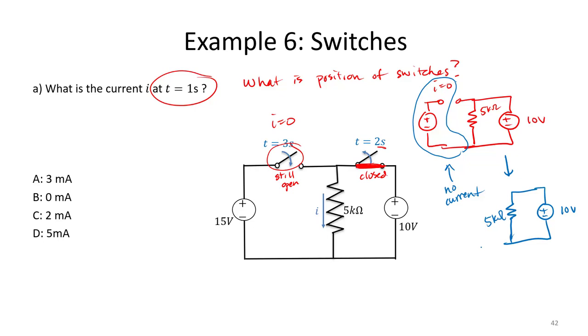And if we use Ohm's law, notice we can determine that voltage is current times resistance. And our resistance, again, watch units, our resistance is 5,000 ohms. So if you solve for current, you'll get a current of 2 milliamps. Notice that drawing a picture really helps. Don't be afraid to draw pictures.